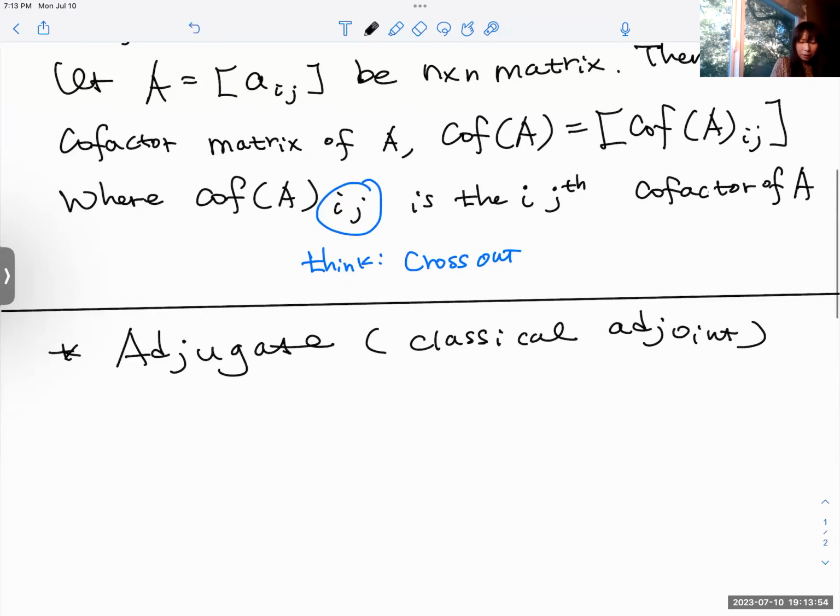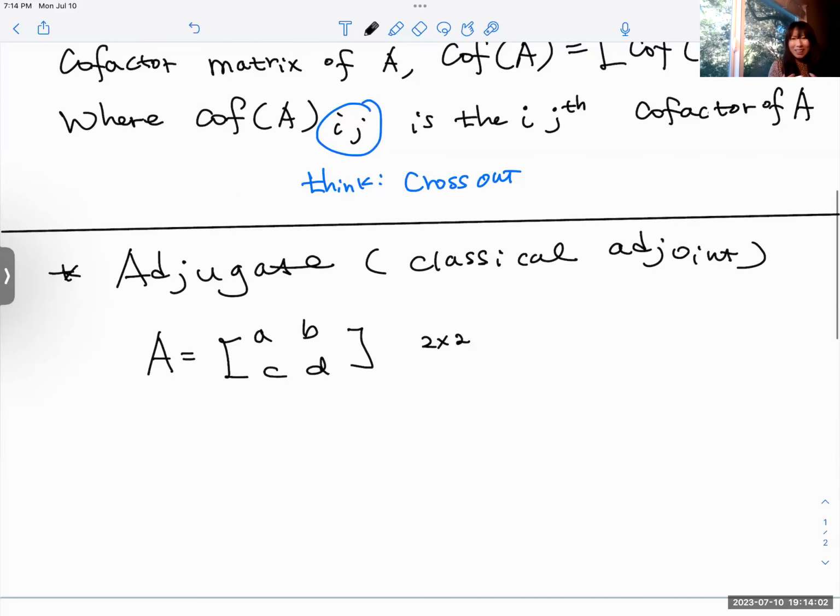If we have a 2 by 2 matrix A, B, C, D, how do we indicate adjugate, adjoint?